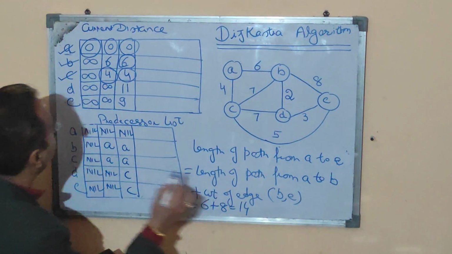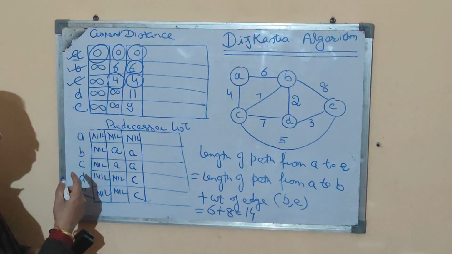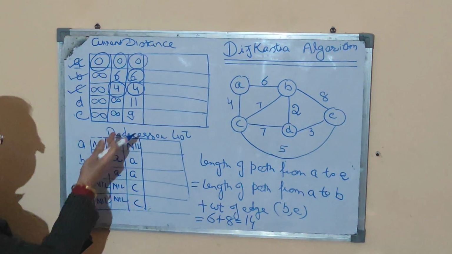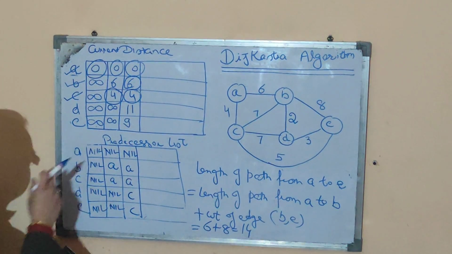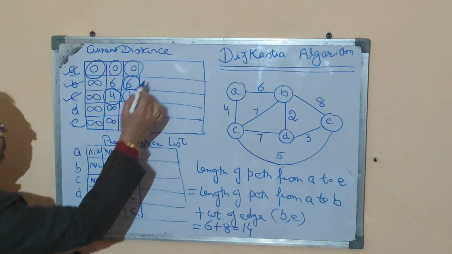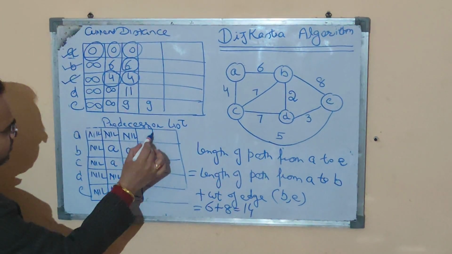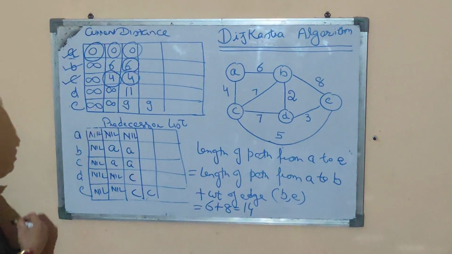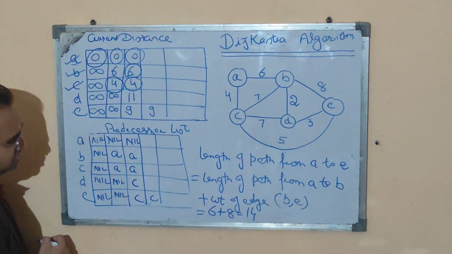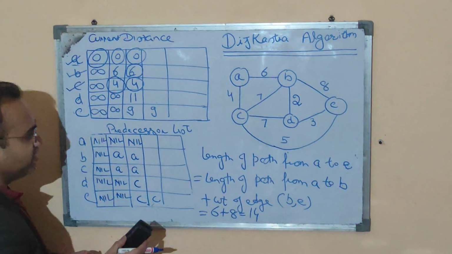It's going to be 14. So 14 is greater than E. I am not going to update it. It is going to be kept as 9. Predecessor will also not be updated.